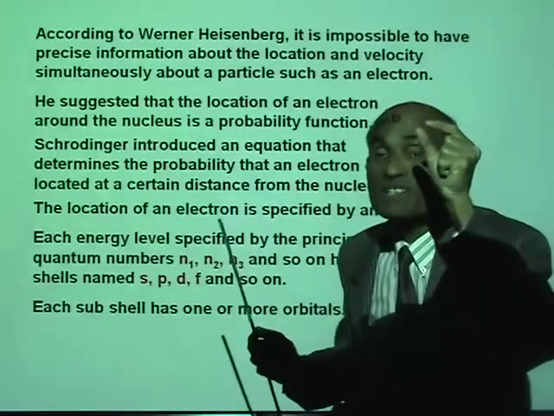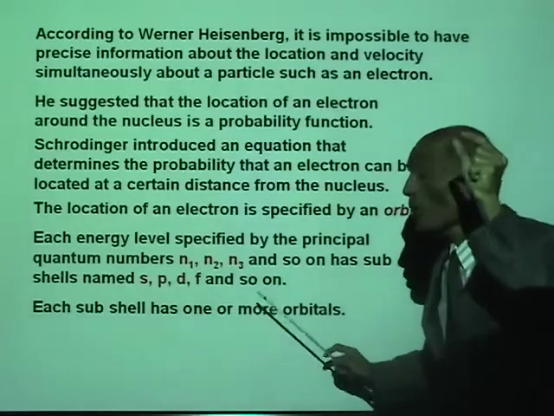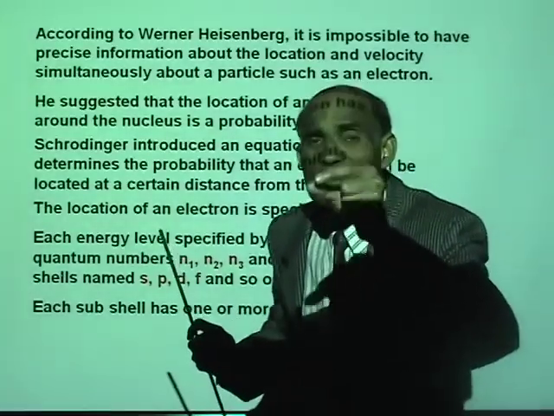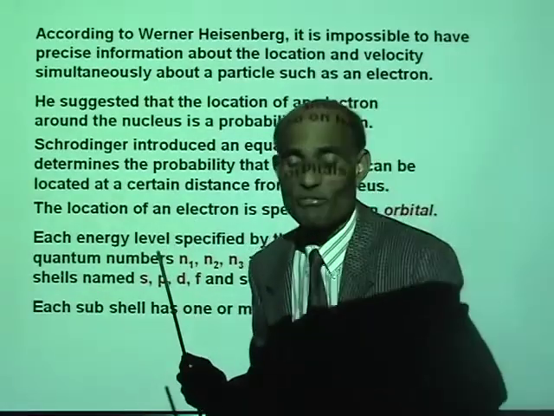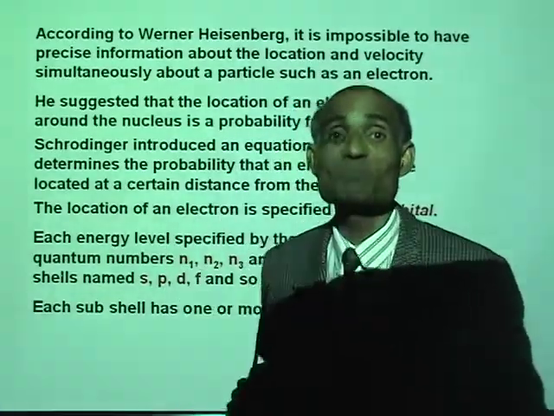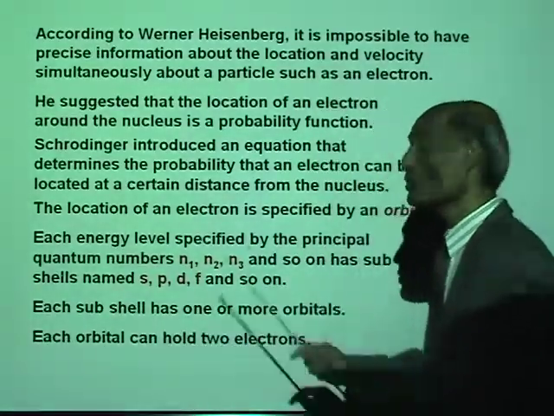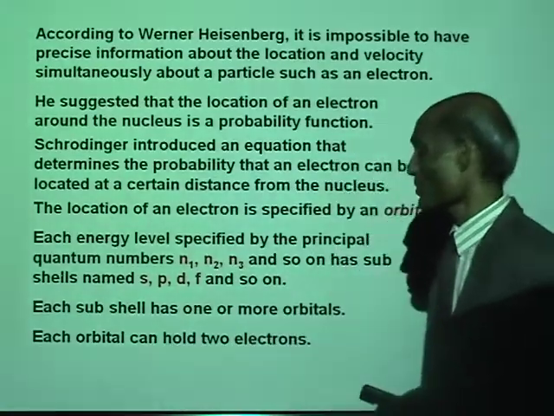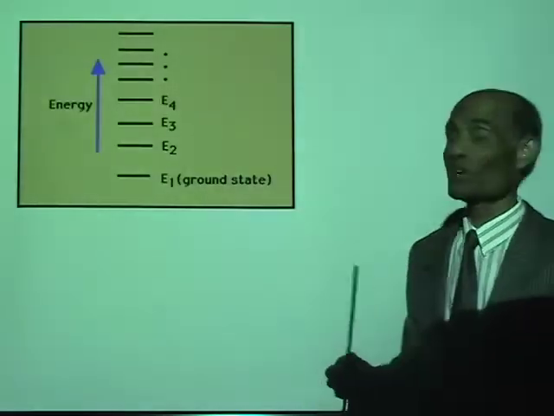And each subshell can contain one or more orbitals. An orbital is the space where the probability of finding the electron is specified. So each orbital can hold 2 electrons. Alright, take note of that, it's very important. Each orbital can hold 2 electrons.